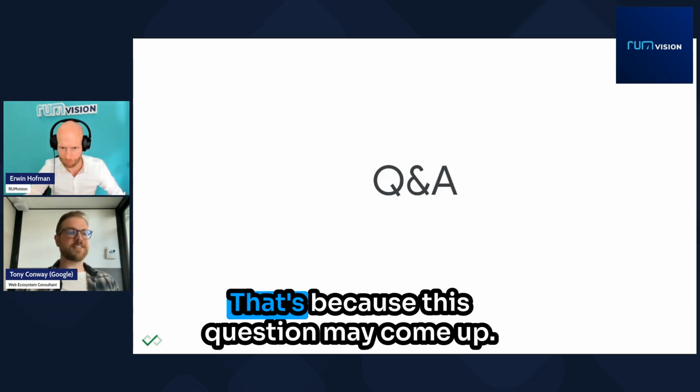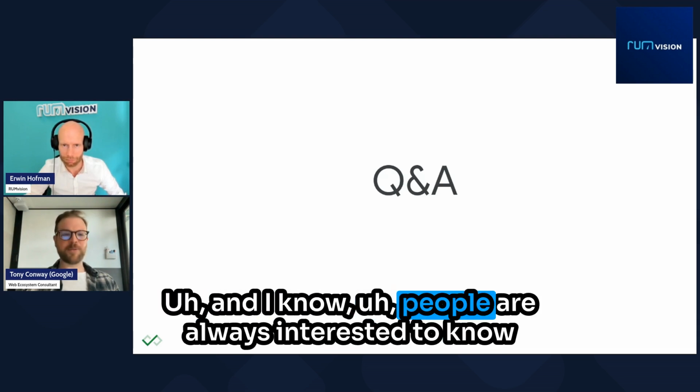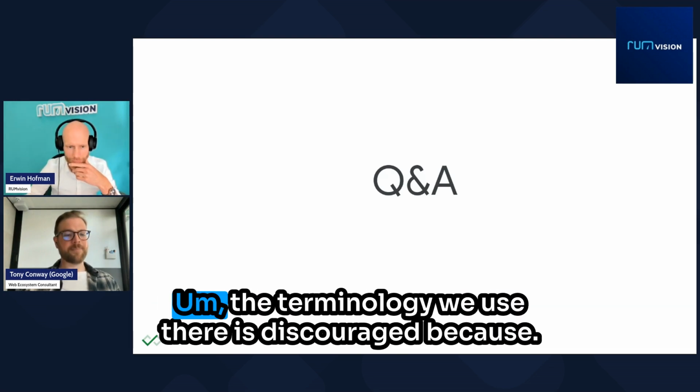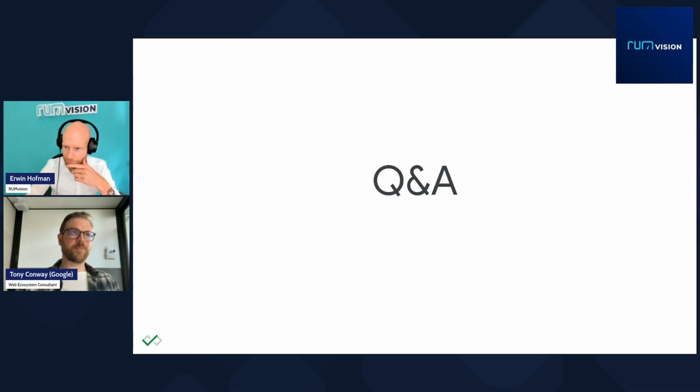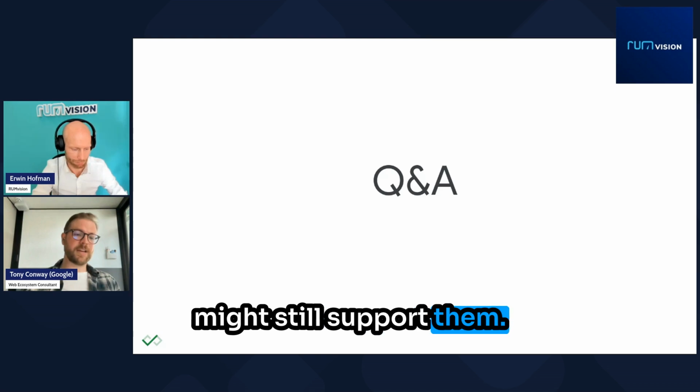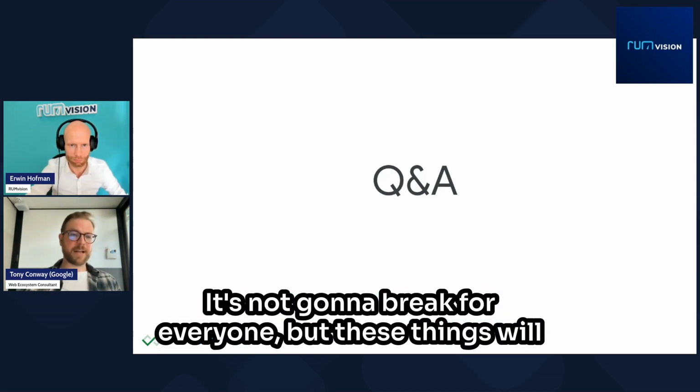Yes, discouraged. That's because this question may come up, and I know people are always interested to know, how do we talk about features that have been deprecated? The terminology we use there is discouraged, because there are older browsers out there that might still support them. It's not going to break for everyone.